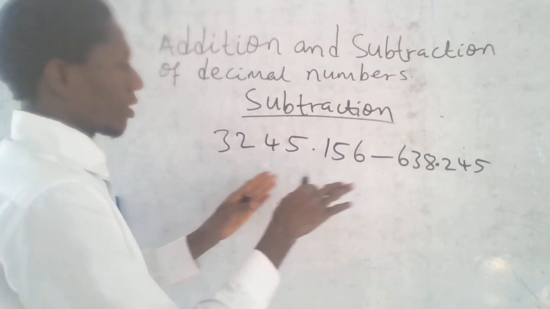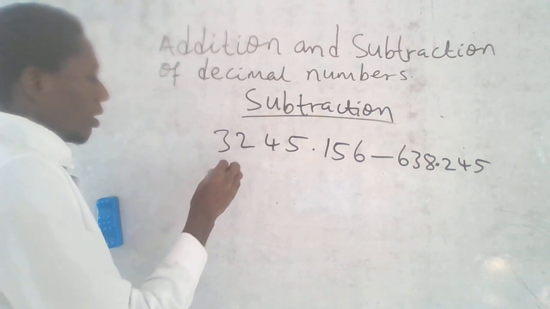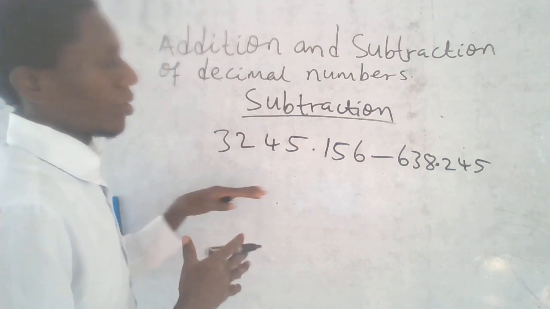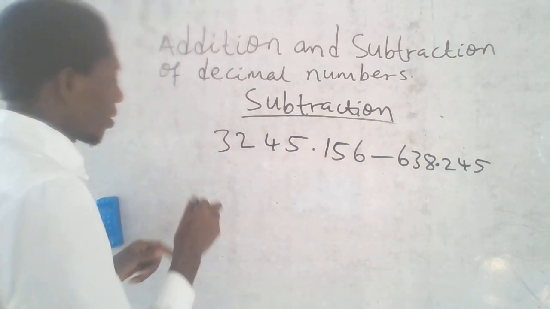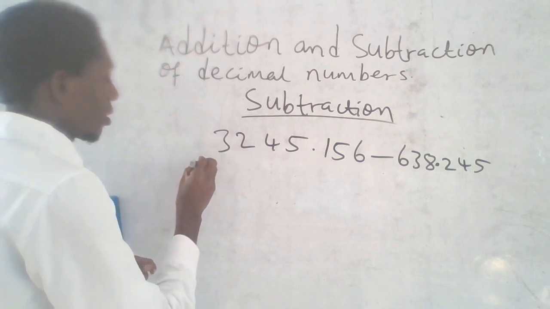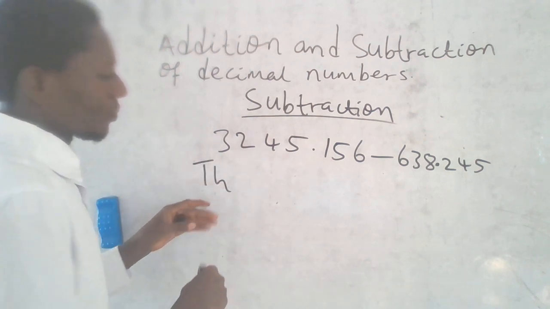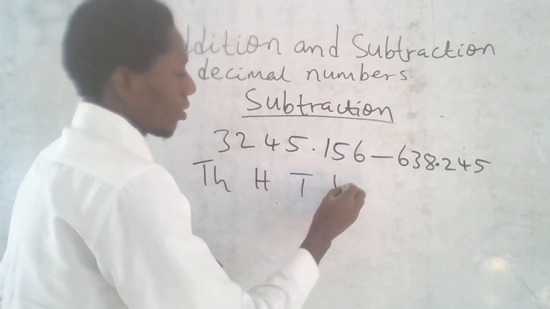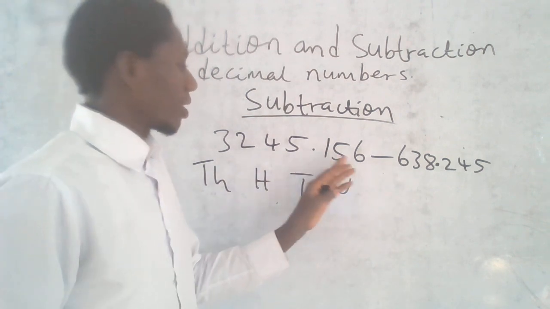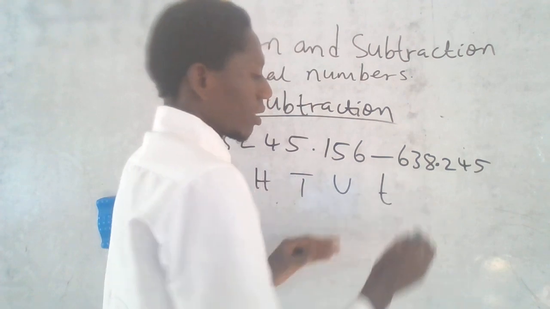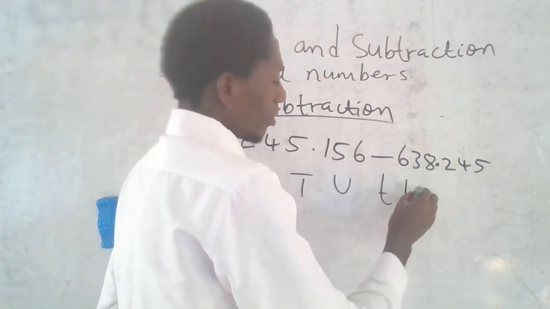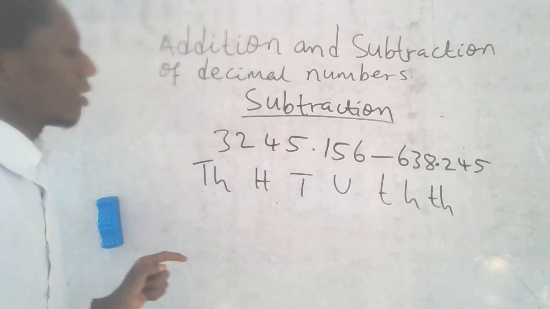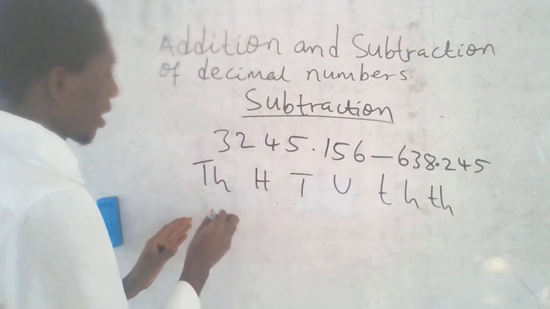You will still arrange it as normal. If you want, you can use your hundred, tens, and unit. In this case, this is thousand, this is hundred, this is tens, and this is unit. And then here, after the point, you have tenth. Okay. So now let's start arranging.